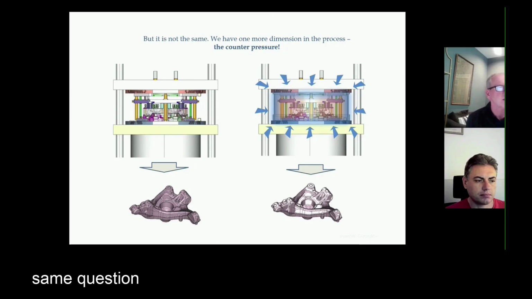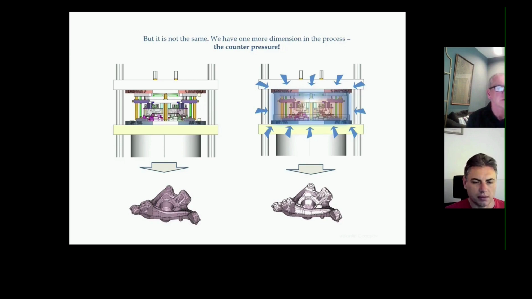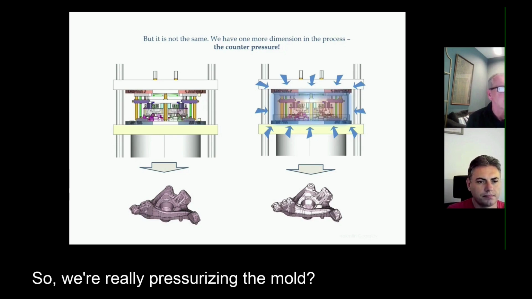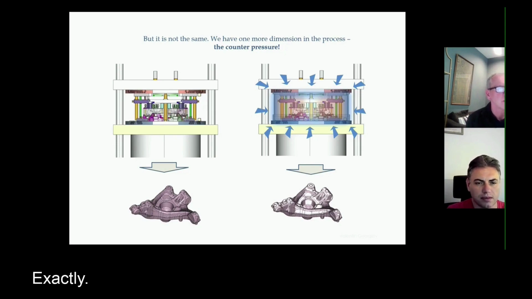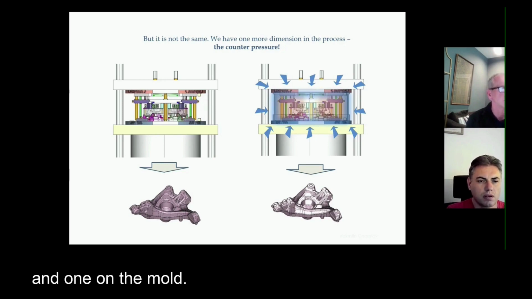Valentin, same question now on the gas. Are we using dry air again as the counter pressure? Yes, exactly. Same thing. So we're really pressurizing the mold. Exactly, yes. So two separate sources of air pressure, one on the liquid aluminum and one on the mold.